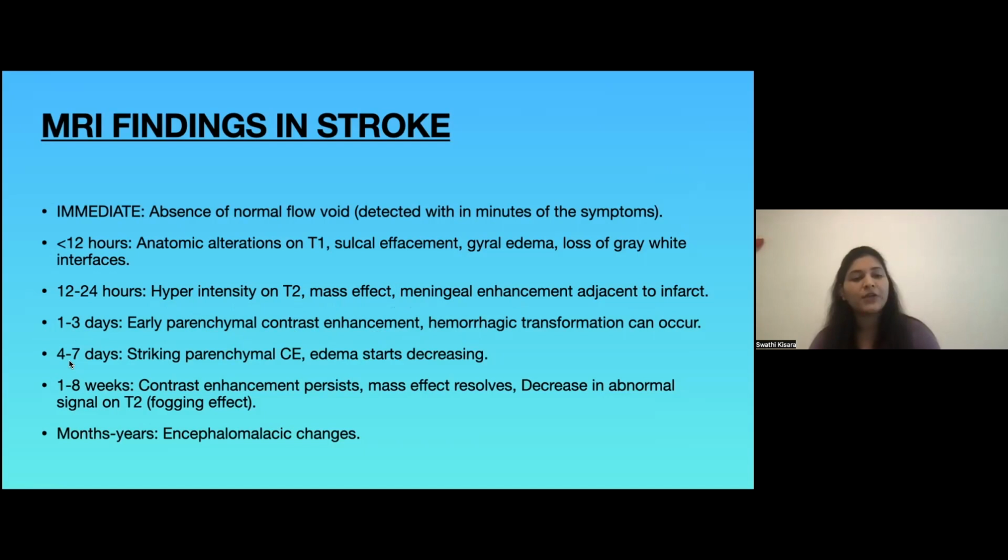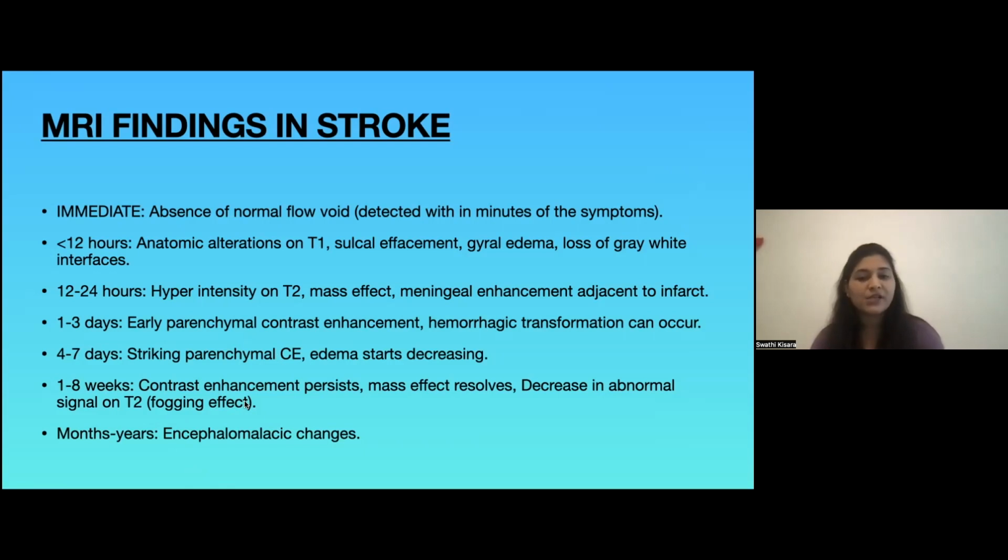Like in the late subacute stages, there is striking parenchymal contrast enhancement. Edema starts decreasing, and in 1 to 8 weeks, the infarct shows contrast enhancement. I mean, the contrast enhancement persists throughout the 1 to 8 weeks.